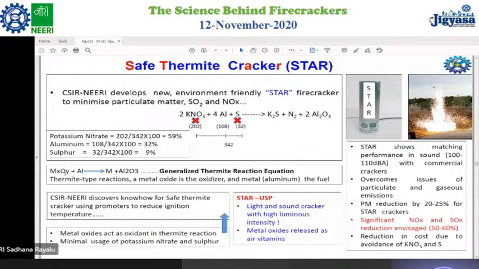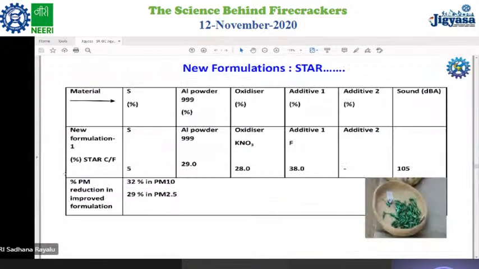So these are the different chemistry science which we have put into use for reducing the gaseous emission, the particulate matter, and so on. Those who are interested in more information can definitely get back to me and discuss. You can see this is the pyrotechnic formulation which we have developed, wherein the oxidizer previously used was about 57%. We have reduced the use of oxidizer to 28% in this case.